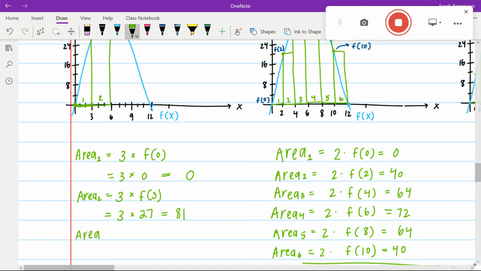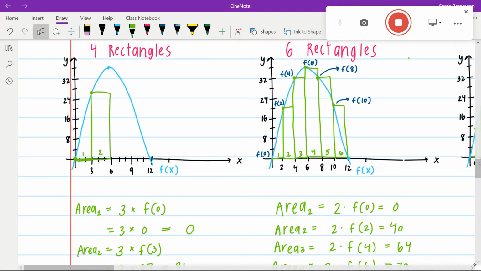Now let's look at the third section. The third section goes from 6 to 9. The width is obviously still 3. The height I'm going to find by using the left endpoint. Since 6 is the left, I'll use 6 to find the height. There's my third rectangle.